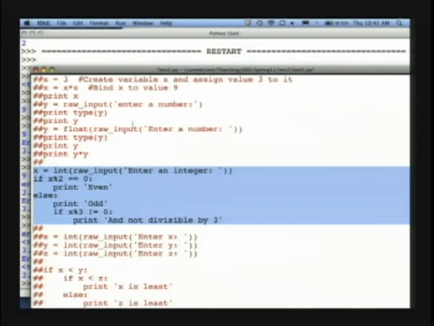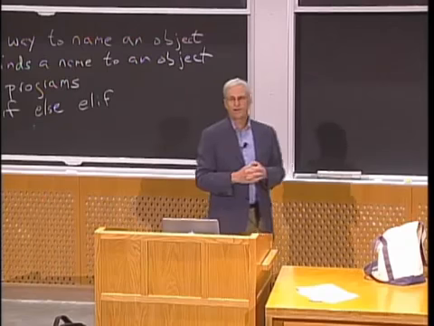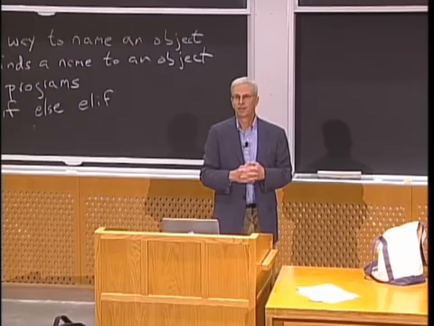If the test is false, it skips the block of code following the if and executes the block of code following the else. So it does A or B, but not both. The indentation is important. Python is very unusual in that the way you indent things actually affects the meaning of them.